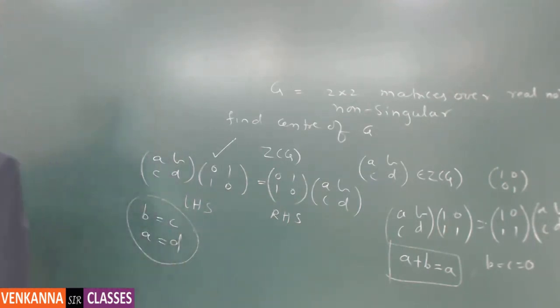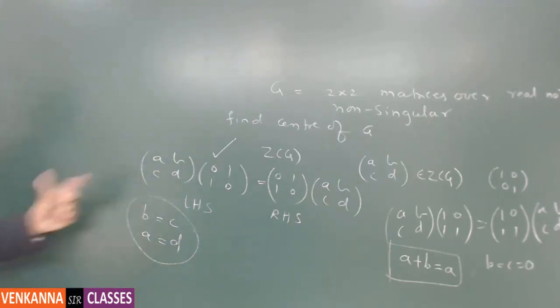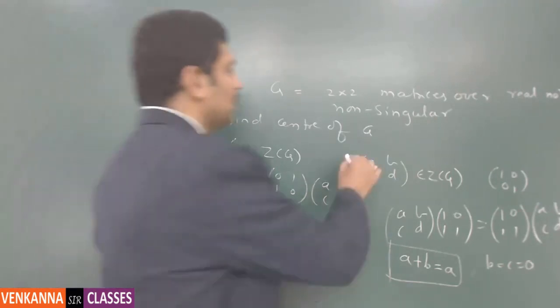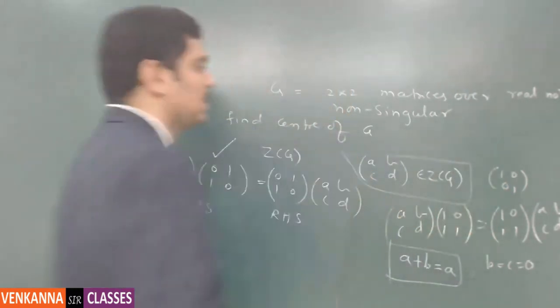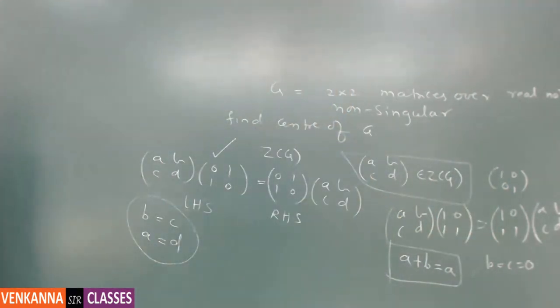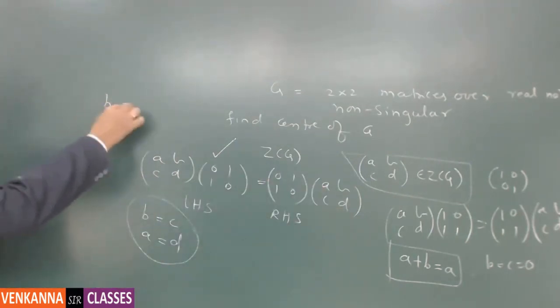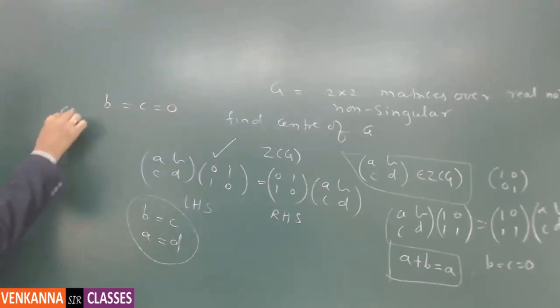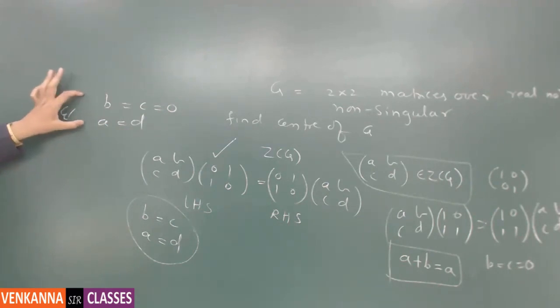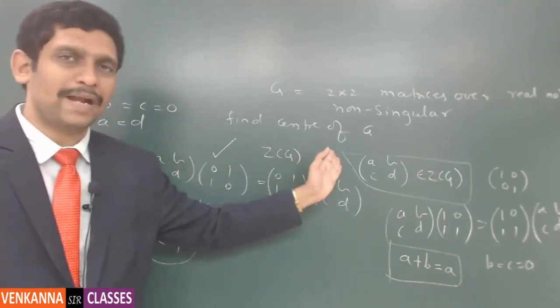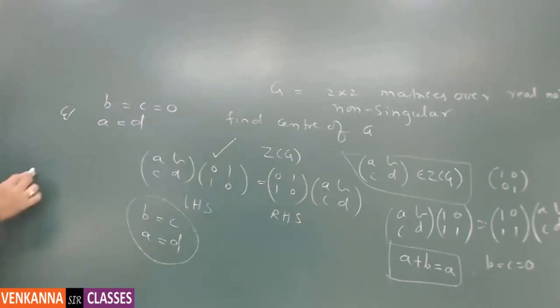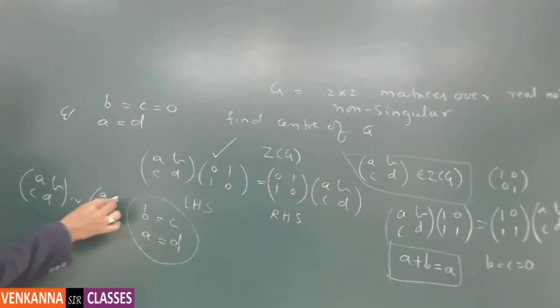Right. So what happens if you take a matrix [A B; C D] in the center? From these observations, you got that B is equal to C is equal to 0 and A is equal to D. Substituting these in this matrix, you will get a diagonal matrix with A on both diagonal entries.